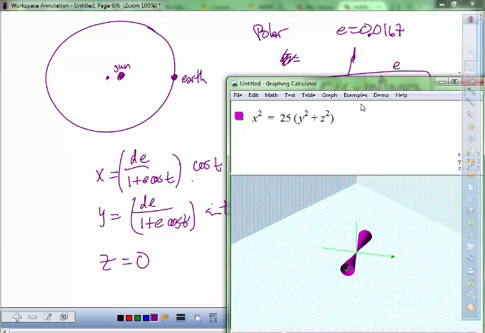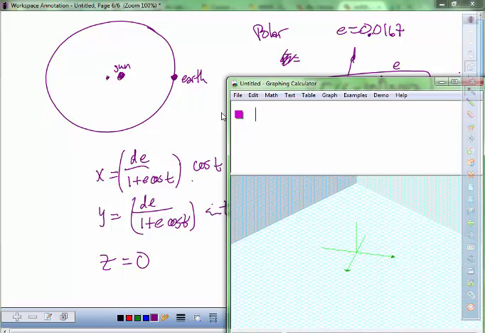Let me take this graphing calculator program and see if I can write this equation neatly. I don't know if there's anything neat about this, but let me write this one time.